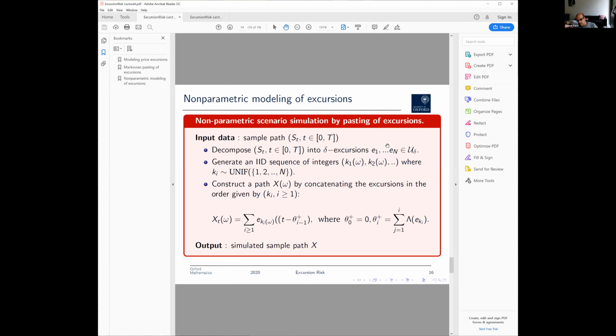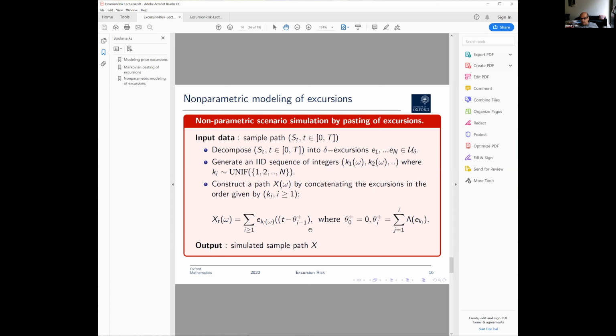So this is equivalent to generating an IID sequence of integers, K1, K2, and so on. And then I follow first the delta excursion K1, then K2, then K3, and I paste them together. So this leads to a construction of a path by concatenation of these excursions in the order given by my random sample.